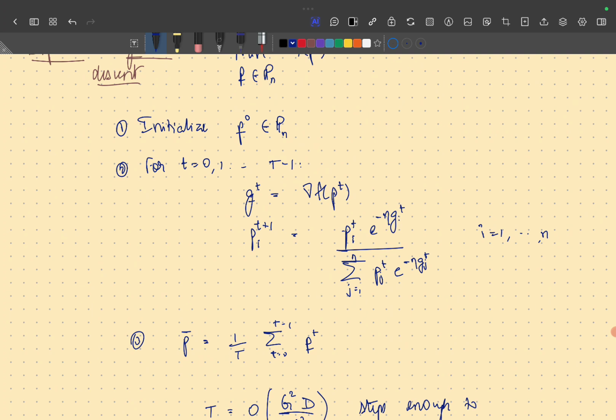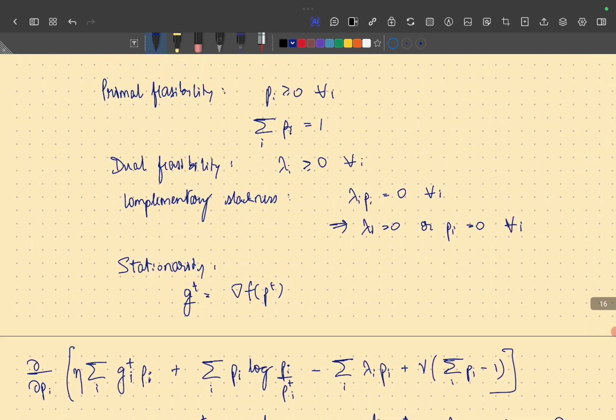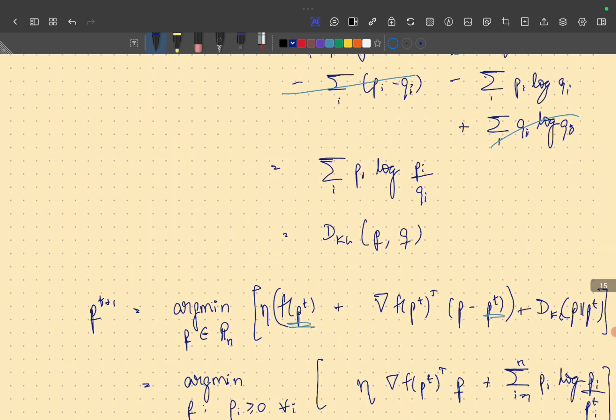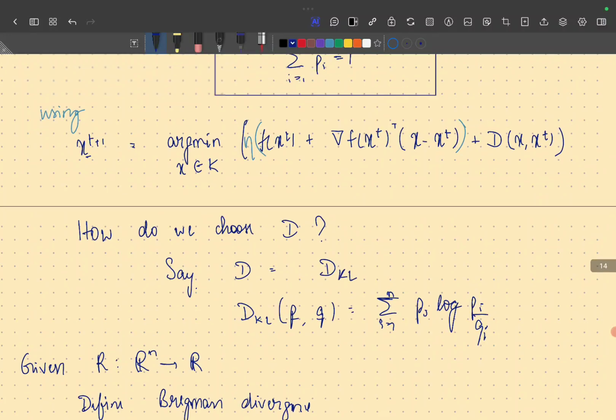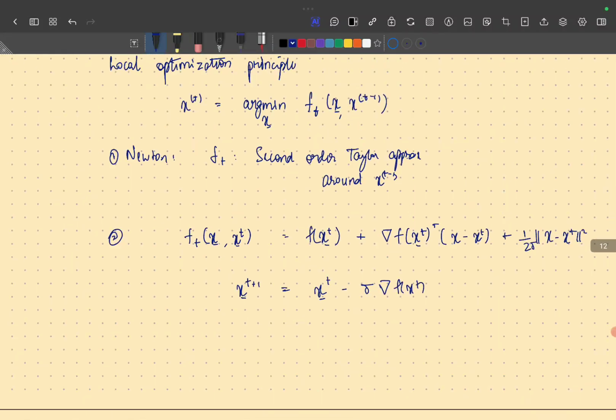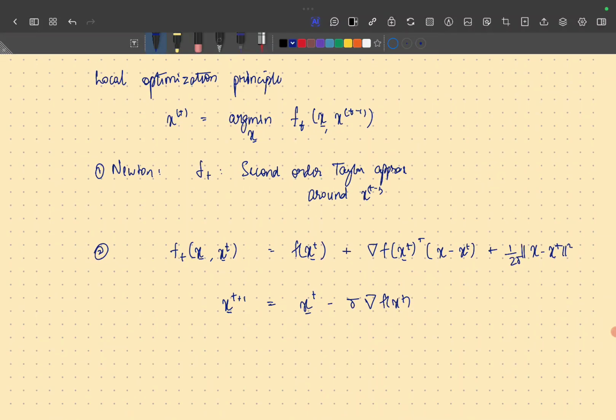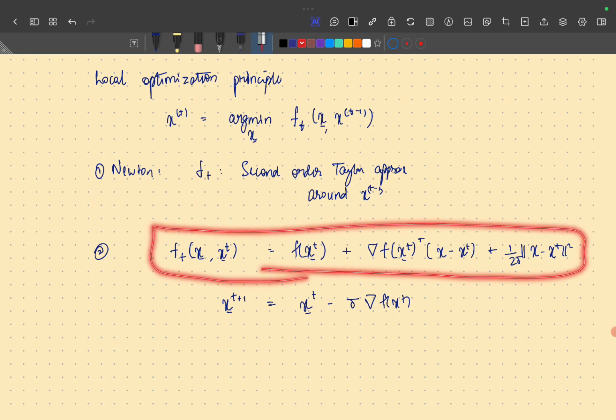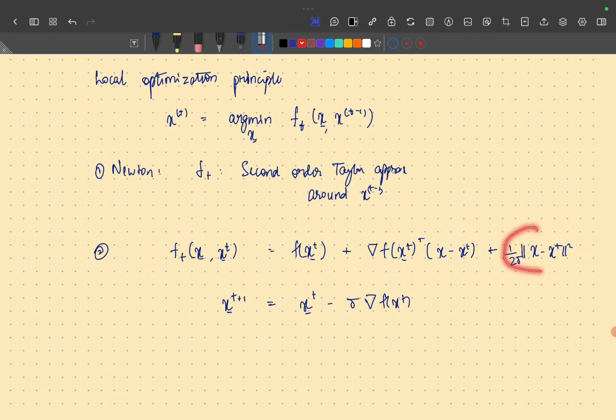The whole idea of gradient descent was to, at every step, try to solve a particular constrained optimization problem. Now, if I replace this with a different divergence, then I get a different algorithm.